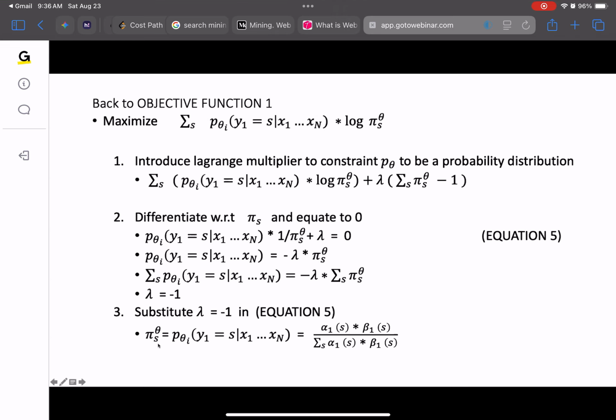The estimate is given by alpha 1 of s times beta 1 of s divided by the normalizing constant. What this means is that this indicates the expected frequency of being in state S at time t1.